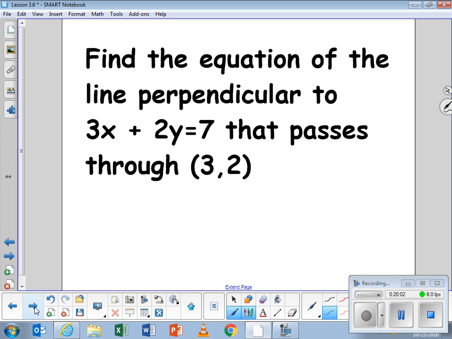Point slope form. Okay? Now, what's the problem with the equation they gave us? It's in standard form. So the slope of this is not 3, is it? You've got a little work to do before you can find the slope of this equation. So use the point slope formula. Find the slope of this, use this point, write the equation of the line that's perpendicular to this line. I'm going to pause while you work on it with your group.